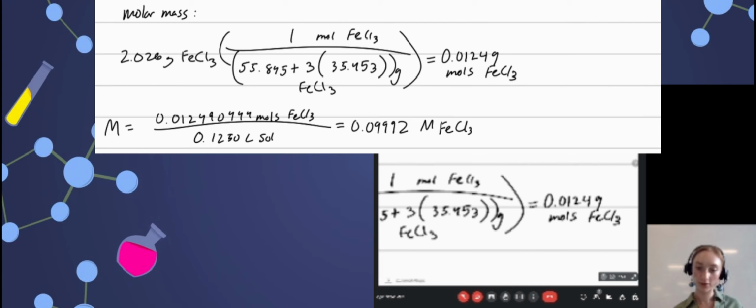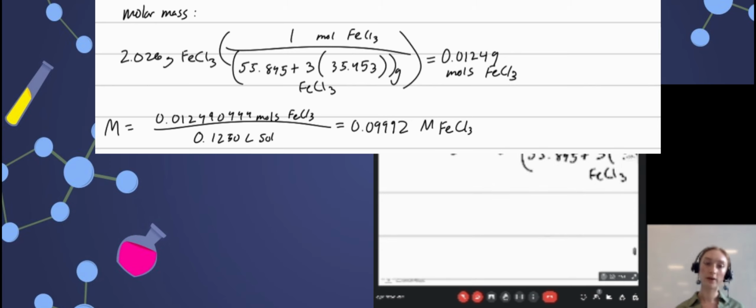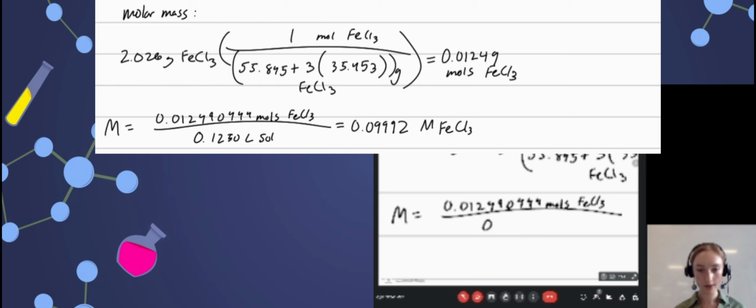Awesome. So we have the amount of moles of the iron chloride, and once we divide by the total amount of solution that we have, then we will get the molarity. So the molarity equals 0.01249, or 0.0444 moles, I'm just carrying out more decimal places, divided by the total solution, and that's 0.1250 liters of solution.